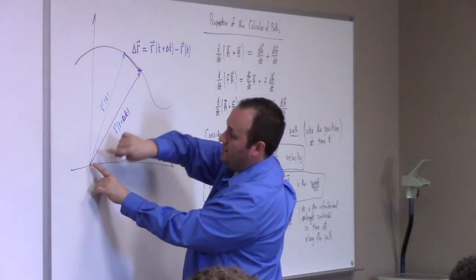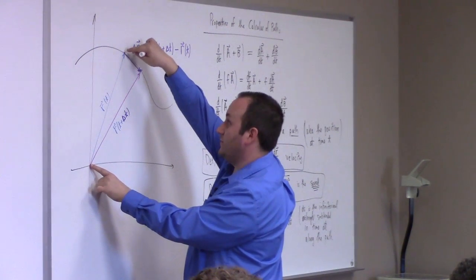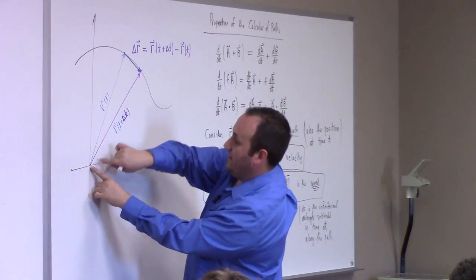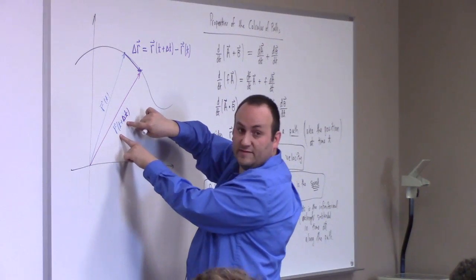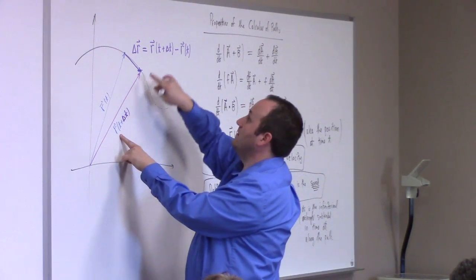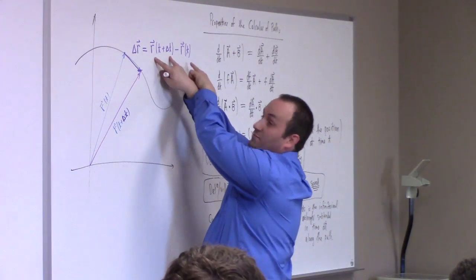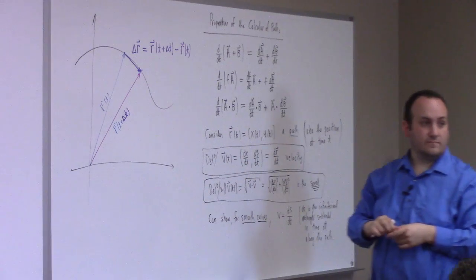Agree? Can you see that? If I add the blue vector and then tip to tail the purple vector, that's the same as the pink vector. The pink vector is r of t plus delta t. And you can see that's what I have. R of t plus delta t is equal to this plus that.